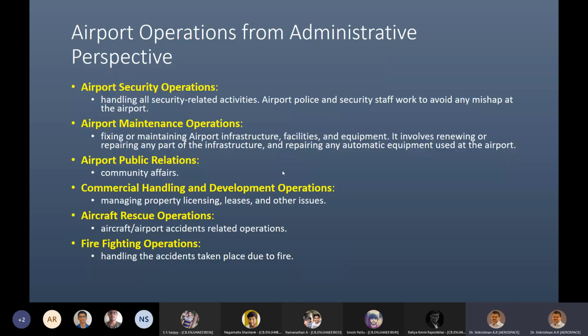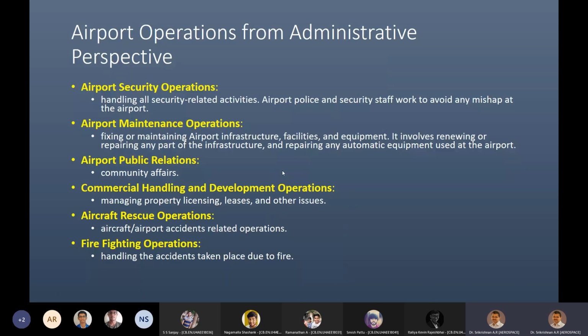But there should be one focused on it, because when required, there should be a team, a group, a division which will work with focus on the activities related to rescue operations. So it's also an integral part of the administrative structure of the airport management.